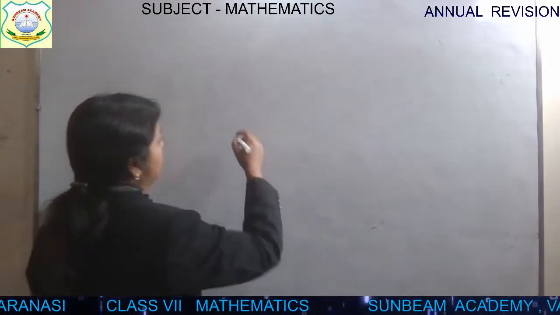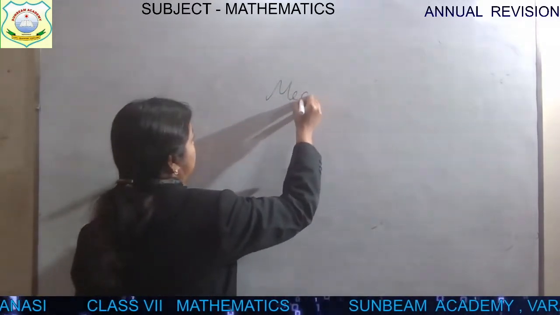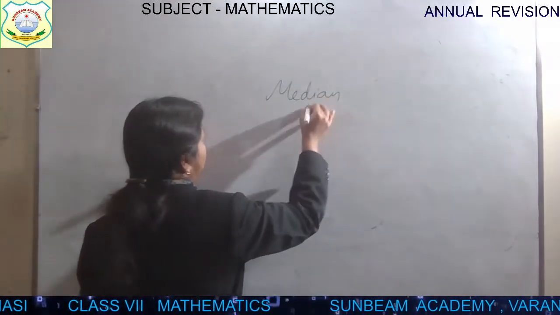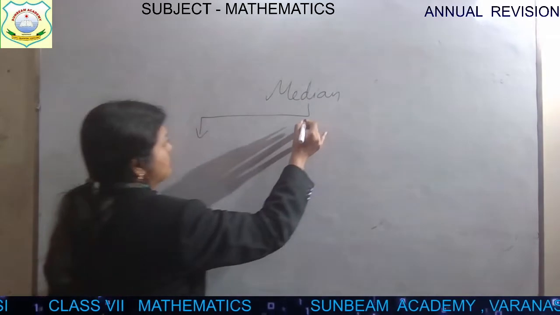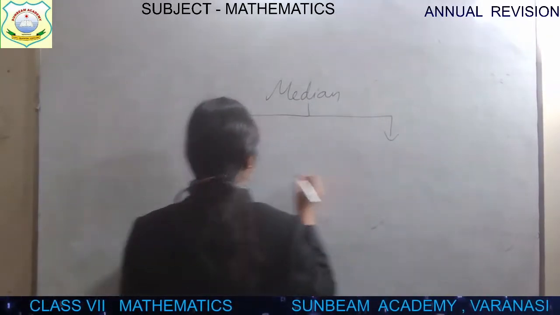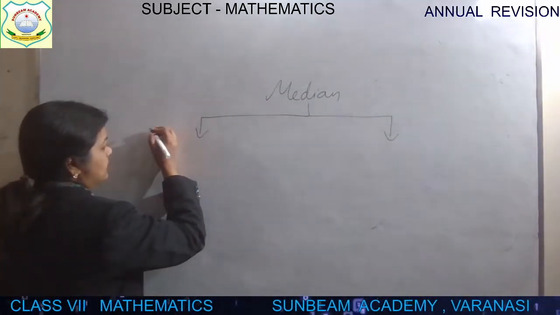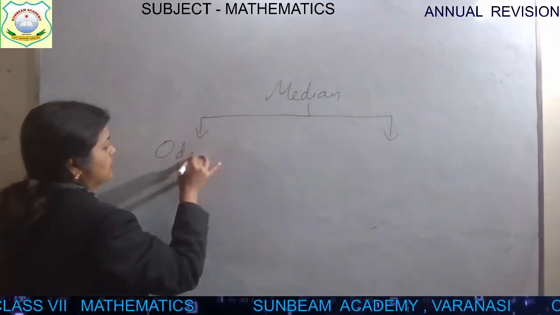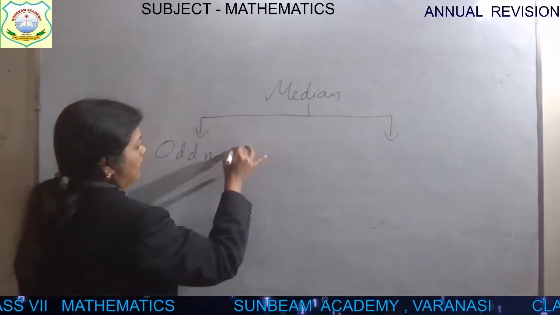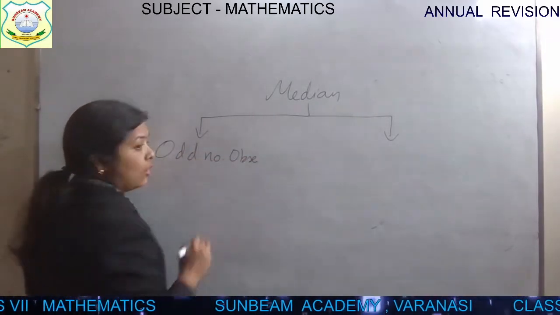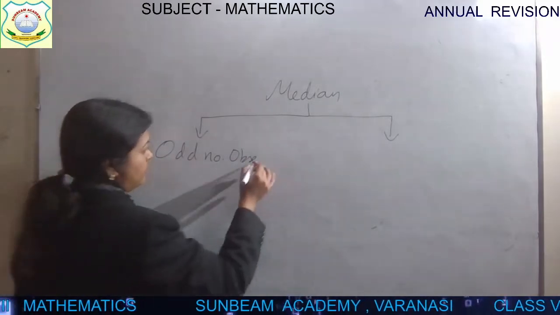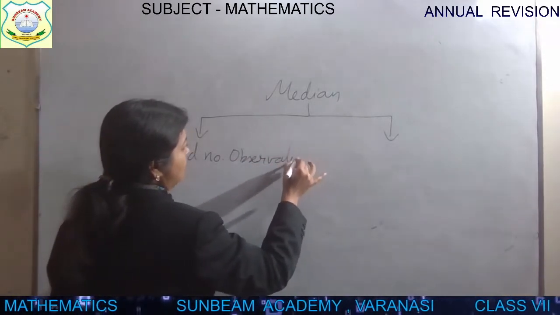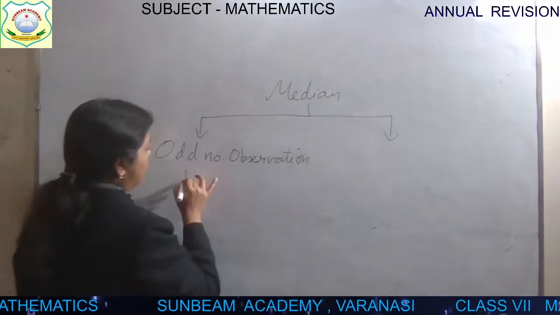And then median children, the middle most value. For median you have two formulas. If it is odd number of observation, you will find out what is n.